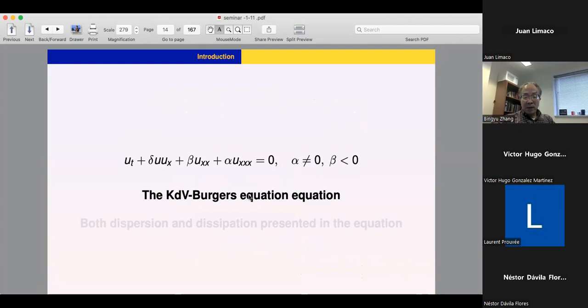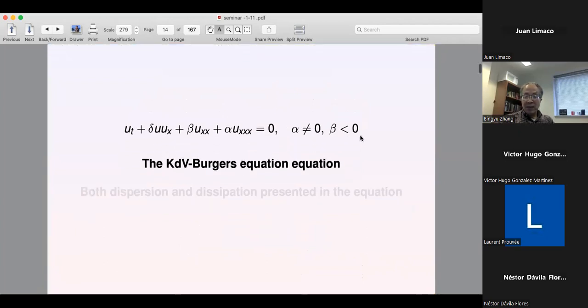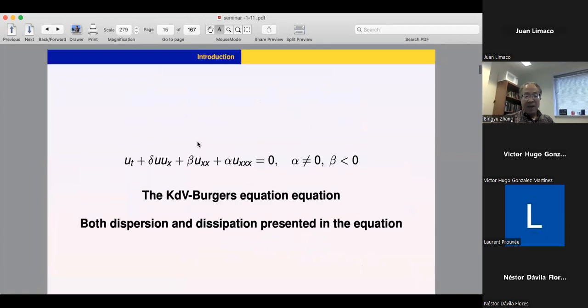And as for the equation itself, if alpha, beta are not 0, but with beta less than 0, we call that the KdV-Burgers equation. Here, both dispersion and dissipation are present in the equation.